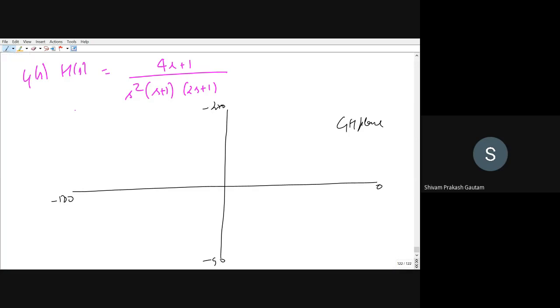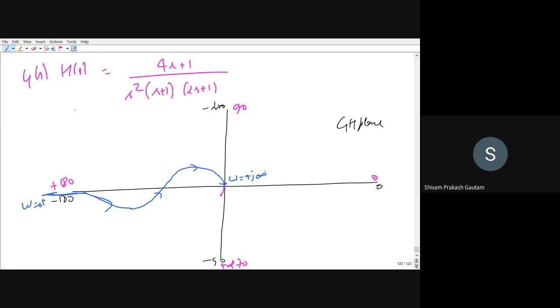Similarly, we are having 0 degree here, 90 degree here, plus 180 degree, plus 270. Now at omega is equal to 0 plus, it is having plus 180 degree and going like this, going downwards, then again going upwards, cutting the minus 180 degree line, and the final frequency is this. This is omega is equal to plus j infinite.